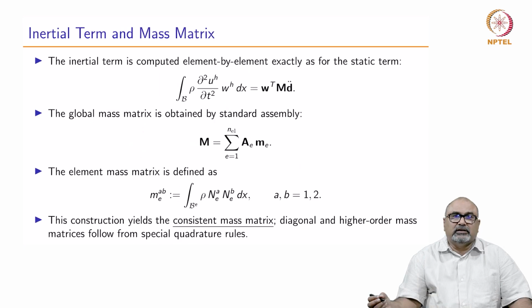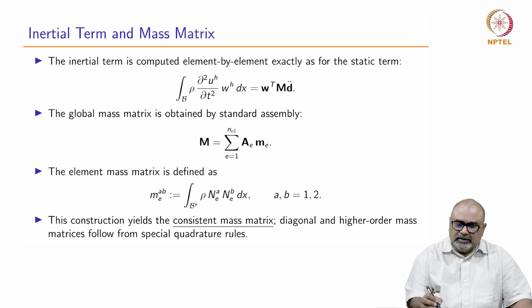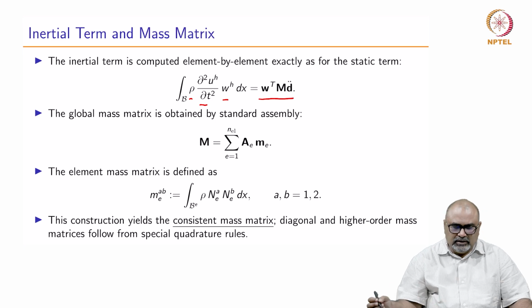So, the inertial term is computed element by element exactly as for the static term. We can write the inertial term as density times acceleration times the test function. So, we get W transpose M d double dot as the inertial term.